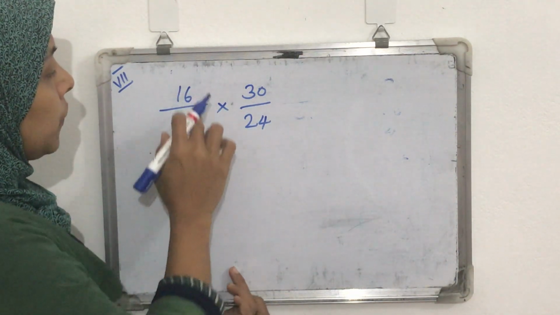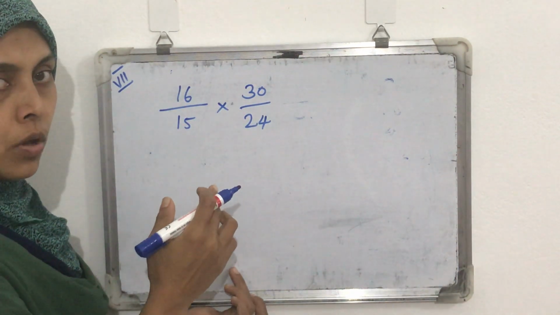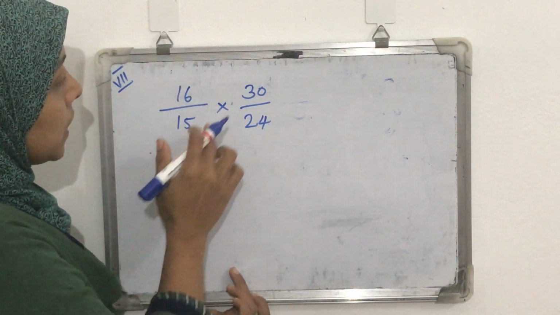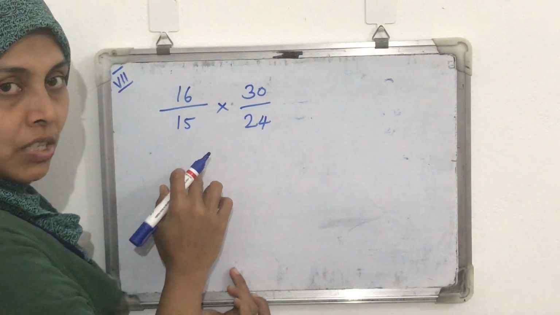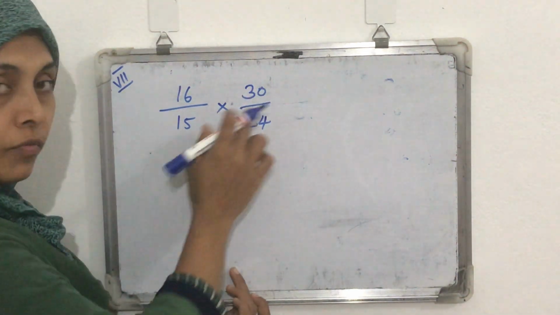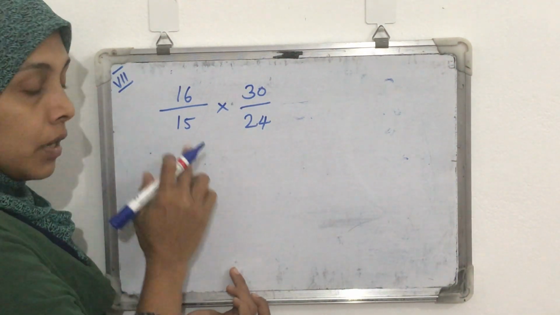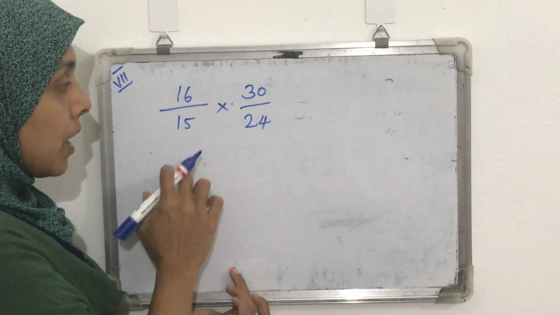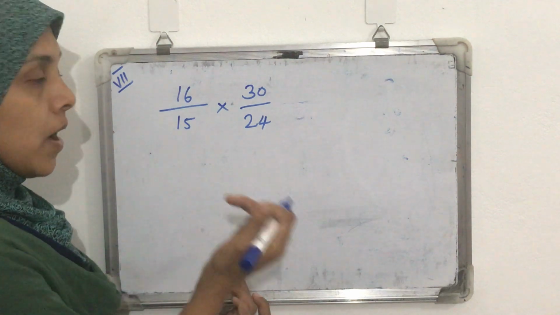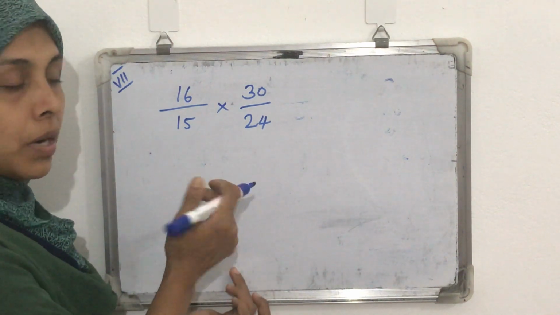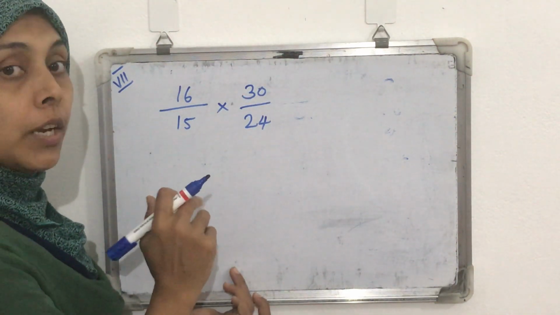Here 16 and 15 have no common factors, so we cannot simplify that. But look at 15 and 30. They have common factors. What is the HCF of 30 and 15? The common factors are 1, 3, 5 and 15, but the highest common factor is 15.